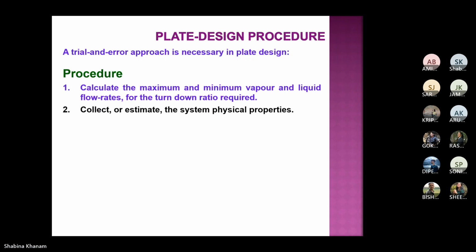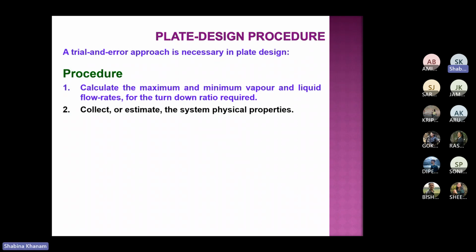Further, we collect the physical properties, and the physical properties we usually consider at different temperatures, like when we consider the rectifying section or the stripping section, the temperatures are different.